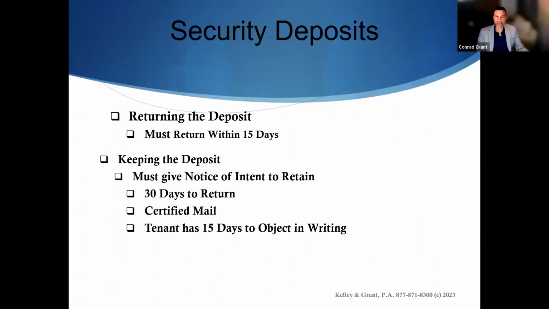Security deposits are easy to deal with. If it's a good tenant, you're not keeping the security deposit, return it within 15 days. If you intend to keep the deposit because something was damaged, you must by law give a notice of intent to retain.